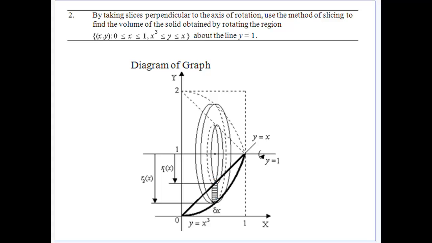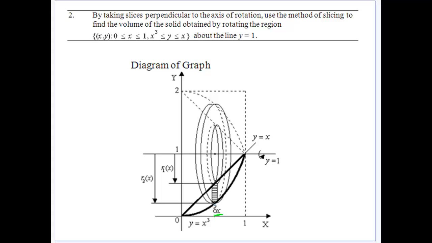So again, this time we're going to get a circular disc, but it's going to have a hole in it, so it gives us the annulus there. So again, we know it's delta x because it's rotating around the line y is equal to 1, so the thickness of our disc is perpendicular to the axis of rotation.